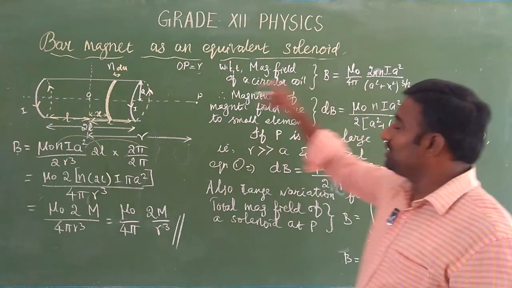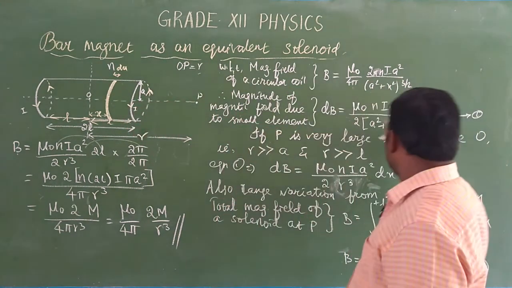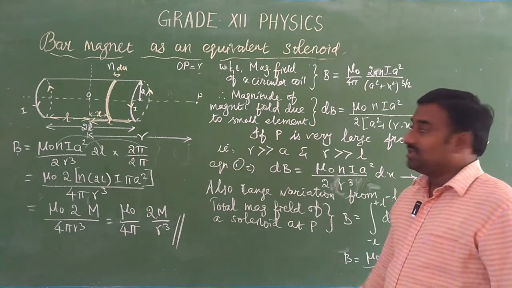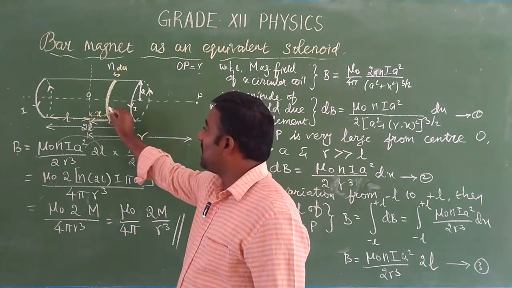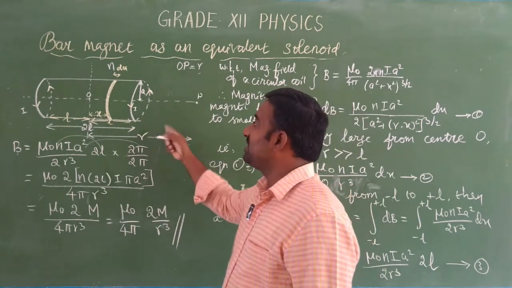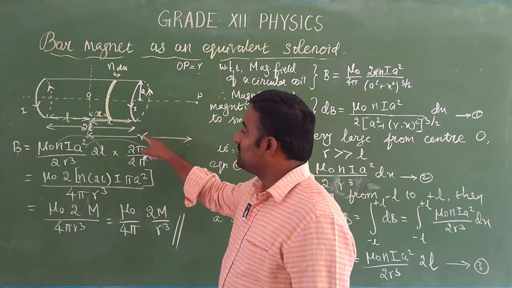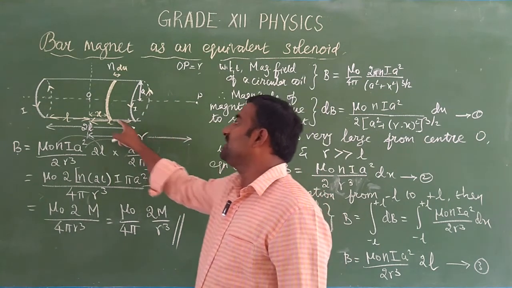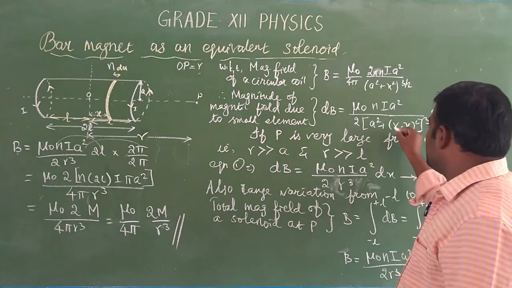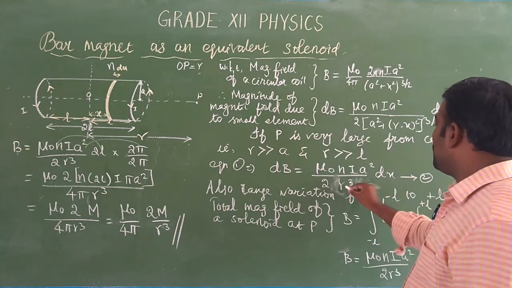We use the same relation for this single term to obtain the magnetic field. Okay, and then the two conditions: this point P is far away from the center, that is the distance r is very much greater than the radius of the solenoid, and also this distance is very much greater than the length of the solenoid from its center. Okay, then the denominator value we can modify into r cube.